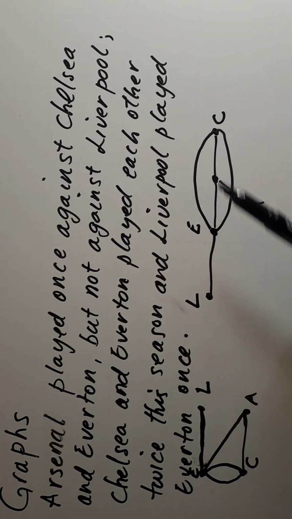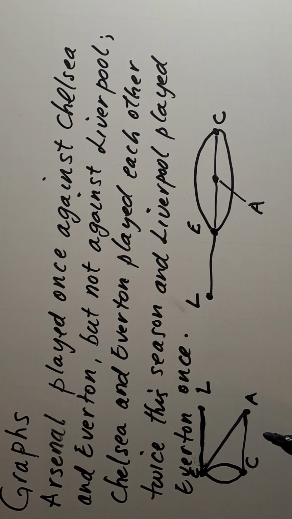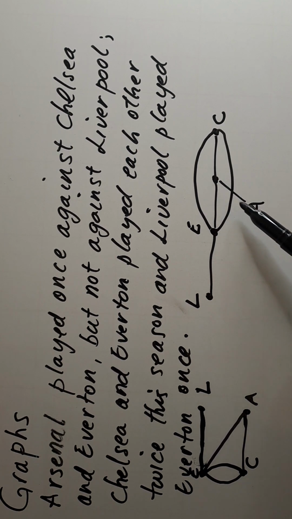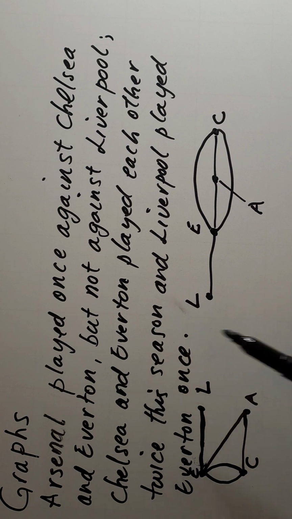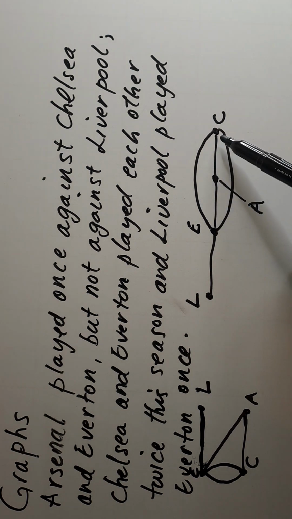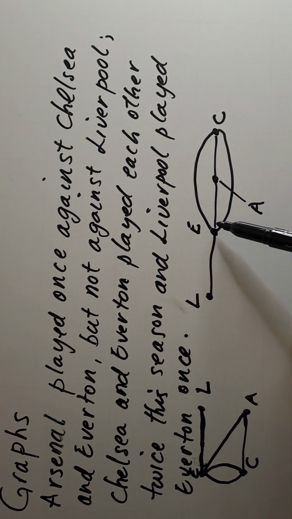So there's an edge joining E to A and A to C, but not against Liverpool. So there's no connection with Arsenal directly to Liverpool. And we have Chelsea and Everton played each other twice. Again, we have this connection here.